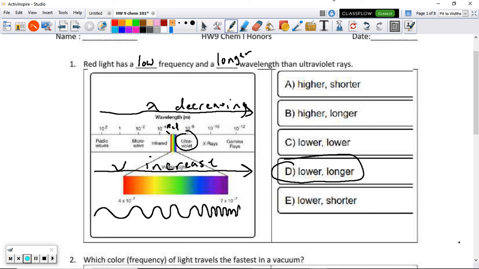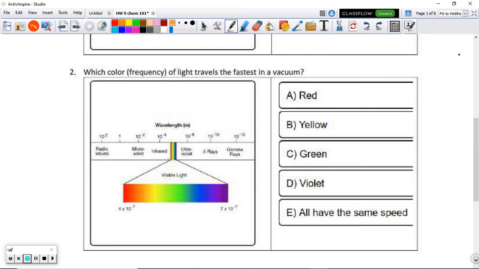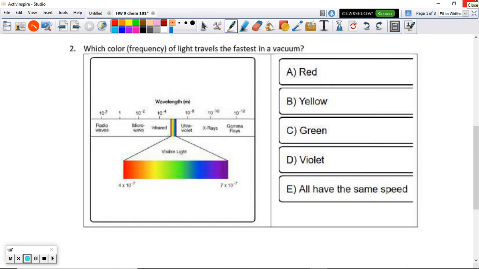All right, number 2, going to be the same concept, so I'm not going to go into as much detail on this one. Which color frequency of light travels the fastest in a vacuum? So remember that these are all electromagnetic waves, and that all electromagnetic waves travel at the speed of light, 3.0 times 10 to the 8th meters per second.